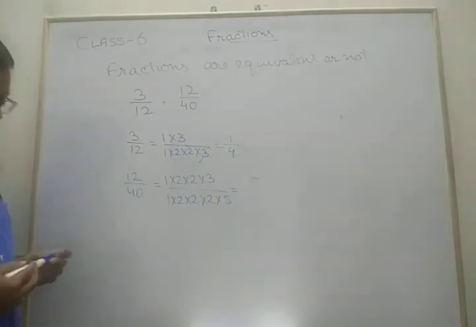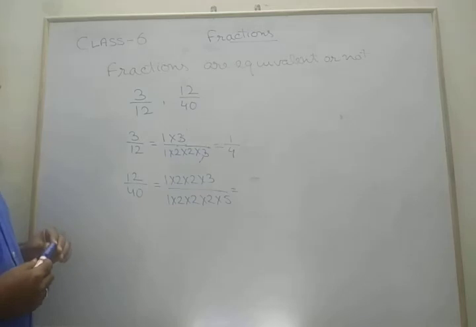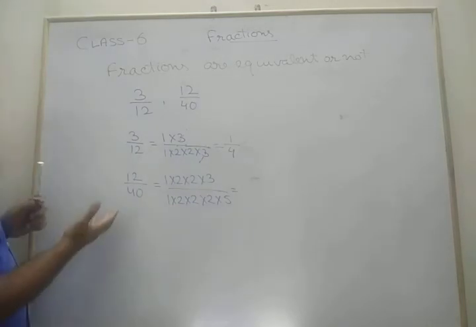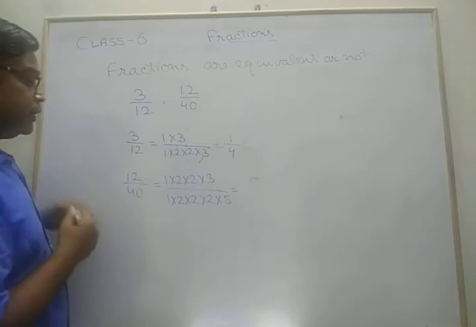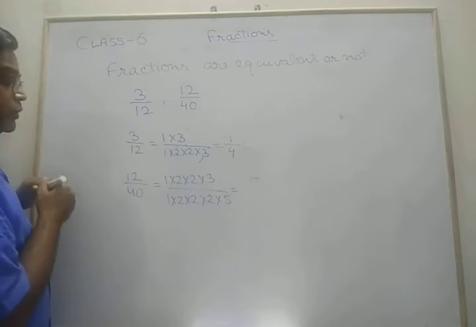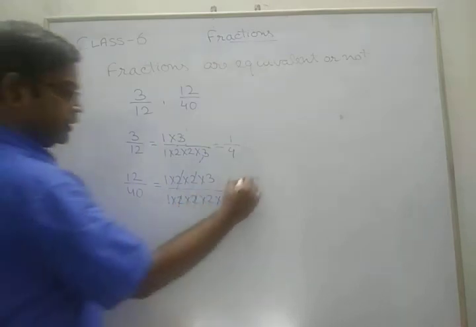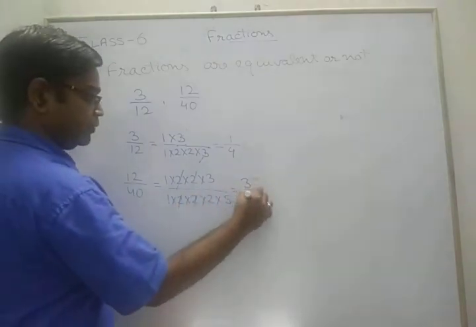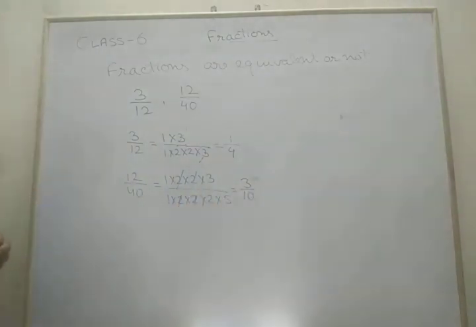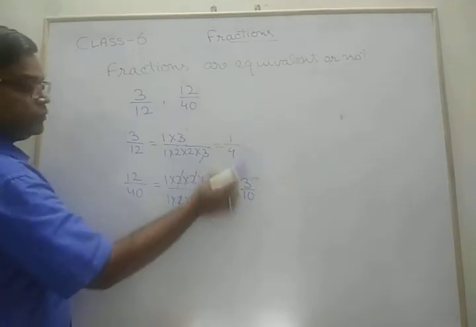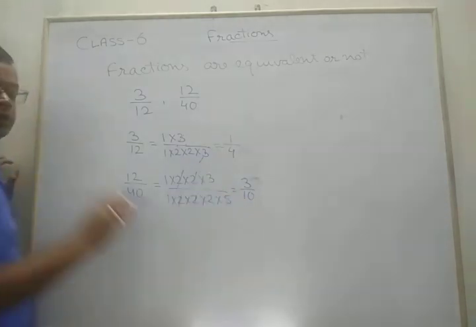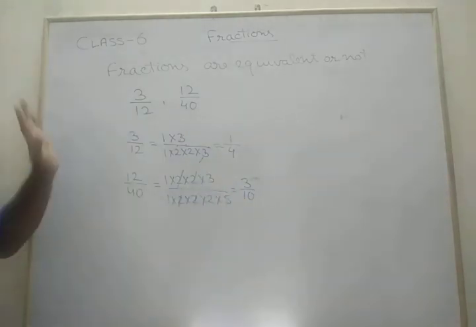Let's check whether it is equivalent or not. It looks like it is not equivalent, because ultimately what we have is 3 upon 10. When we check, these two fractions are not the same, so these two are not equivalent.